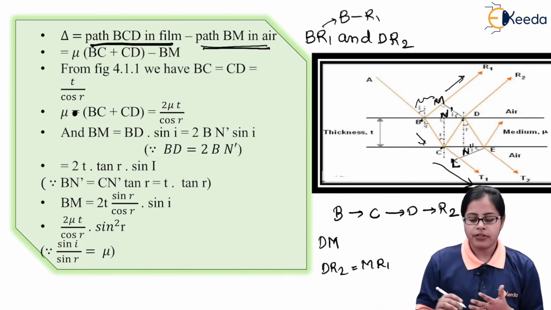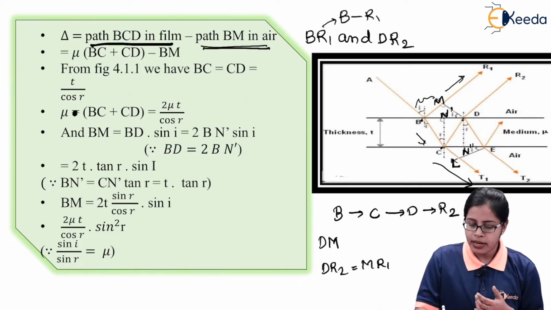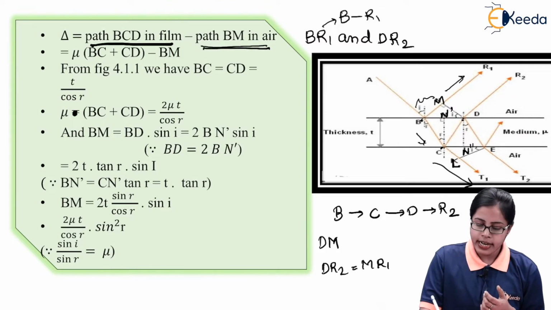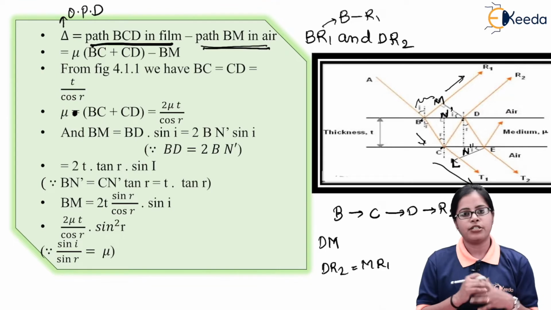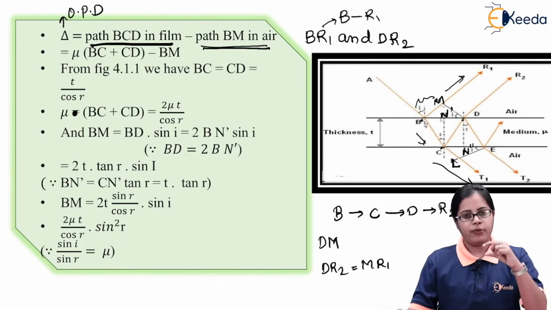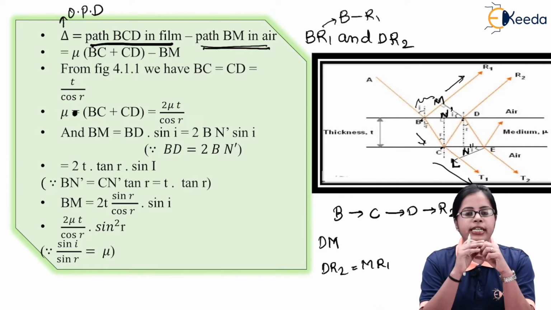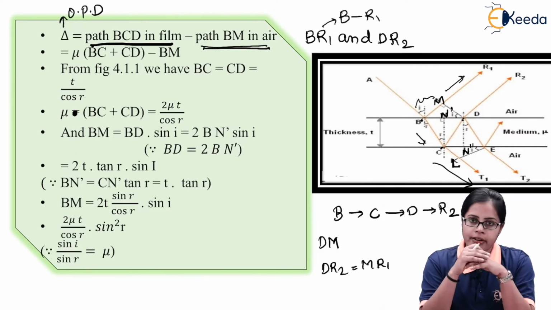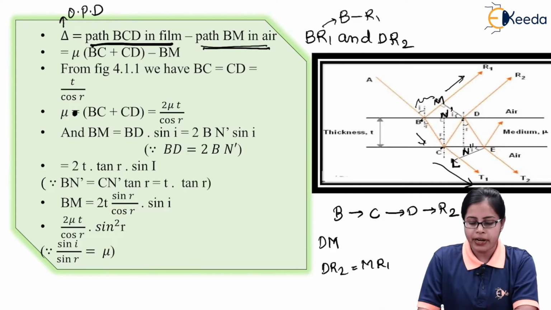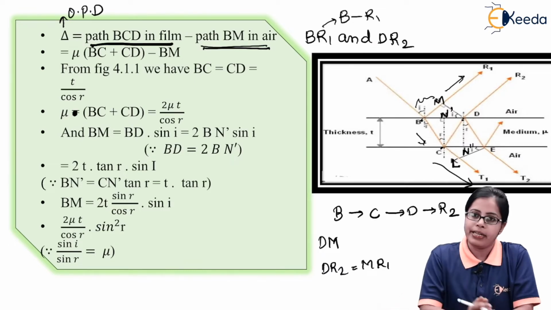To get the path difference, I have considered delta. Delta is indicating the optical path difference, which is taken as, obviously, when I compare BM and BC and CD, the BCD path is greater as compared to BM. So I have subtracted path BCD in film minus path BM in air.